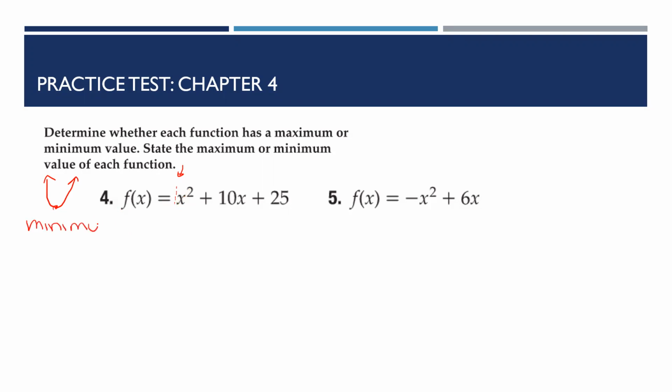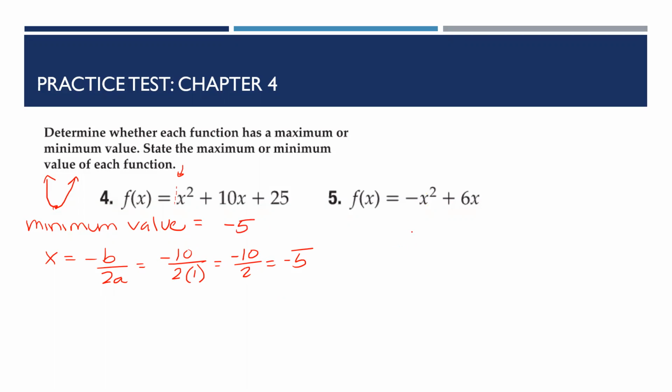To figure out the minimum value, we're going to use the axis of symmetry equation, negative b over 2a. So that's going to be negative 10 over 2 times 1, which is negative 10 over 2, which is negative 5. Okay, so your minimum value is equal to negative 5.